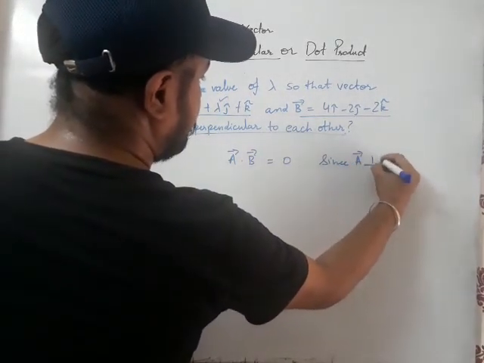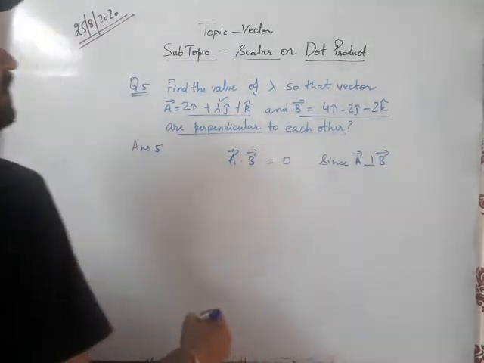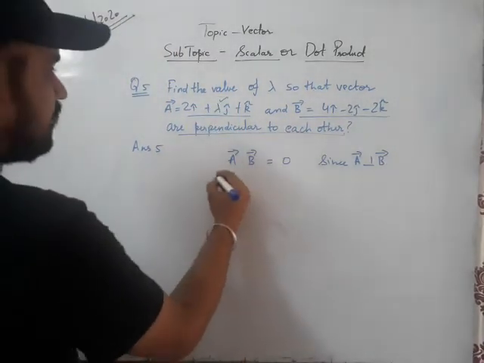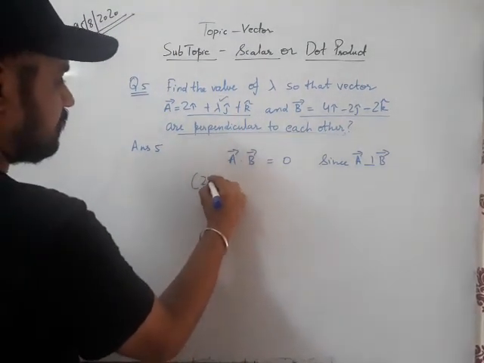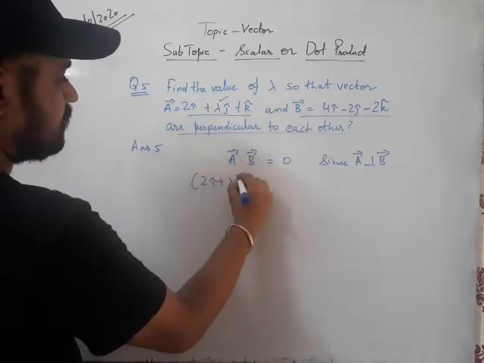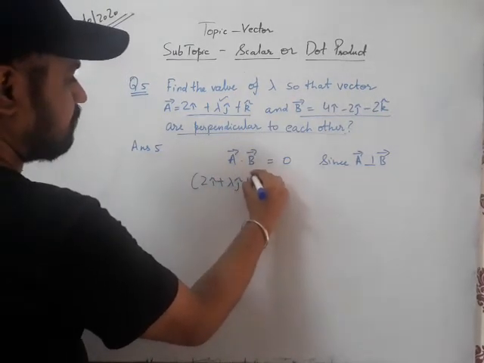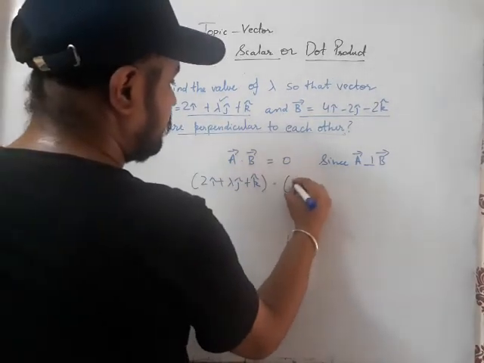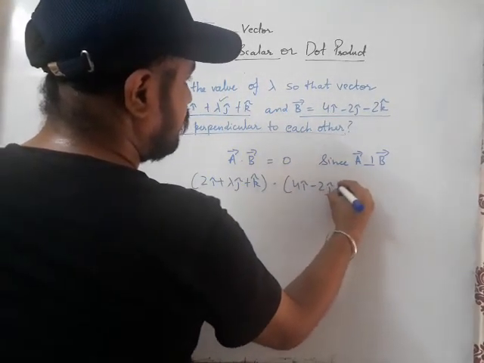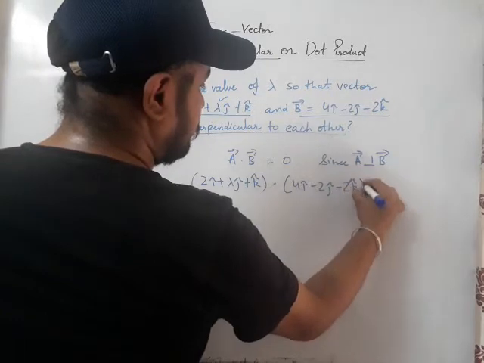A is perpendicular to B vector, so here we will be putting the value of A, that is 2i cap plus lambda j cap plus k cap, dot 4i cap minus 2j cap minus 2k cap.